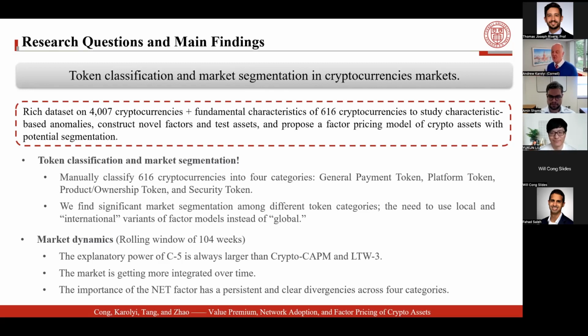Which brings us to the 4th and final big finding of the paper, the newest one if you've seen a prior working paper, which is that there's some really interesting dynamics going on. So we have these rolling windows using these traditional asset pricing techniques, and we find that there's some evidence that not only does the C5, crypto 5-factor model, seem to continue to perform well relative to alternatives, but there's evidence that these segmentation barriers are waning.